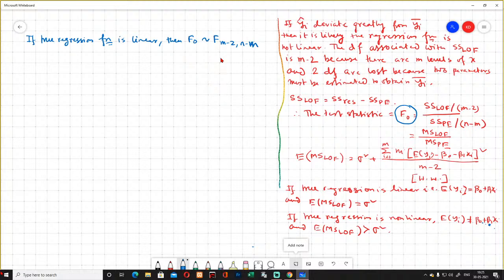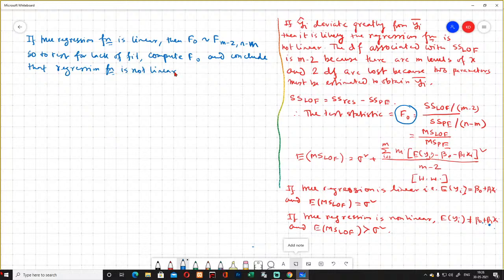Okay, so to test for lack of fit, compute F naught and conclude that the regression function is not linear if F naught is greater than F alpha, m minus 2, n minus m, at level alpha, where alpha is the level of significance.